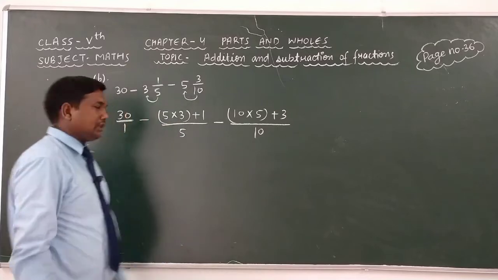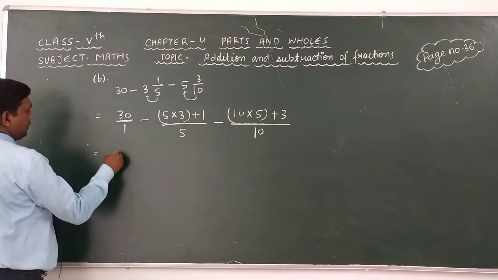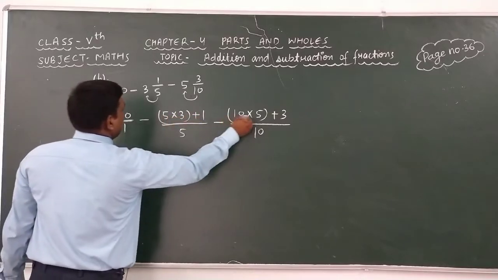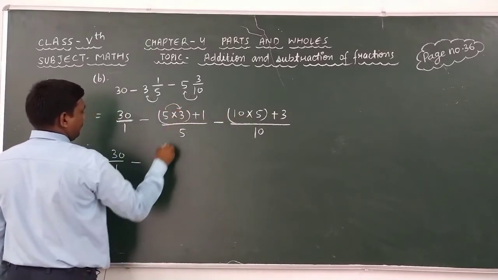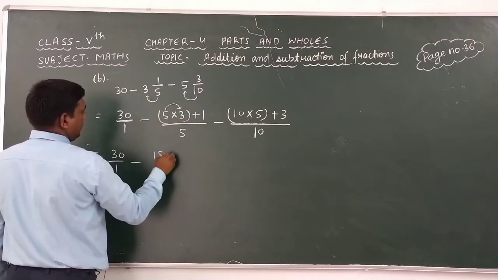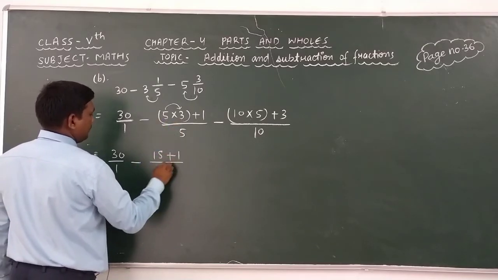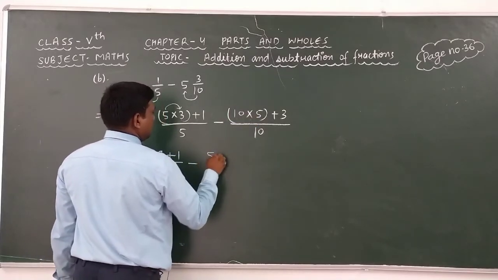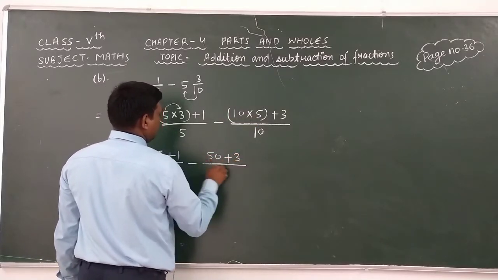Okay, understand? Look at here carefully. 30 over 1 minus, after multiplying these we get 5 3 is 15 plus 1 over 5 minus 10 5 is 50 plus 3 over 10.